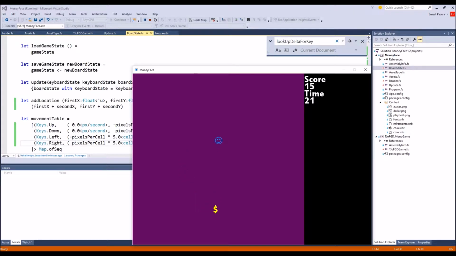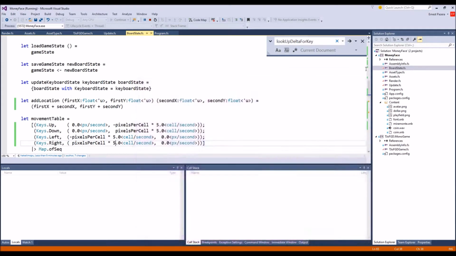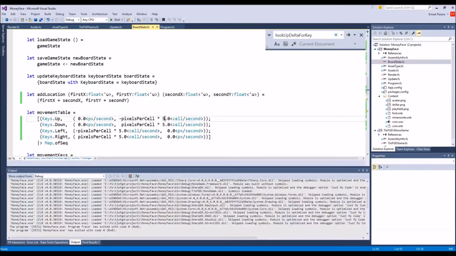So 5 cells per second. This is about as sluggish as I want it to be. Let's take it down to 2.5. And 2.5. So go.